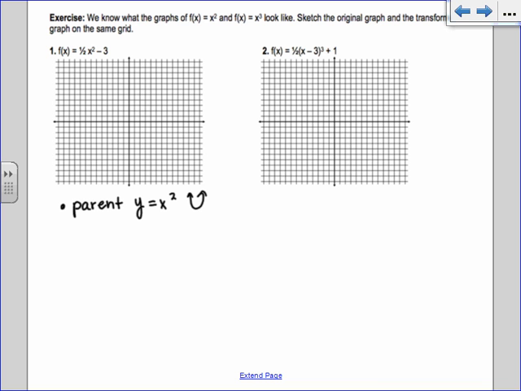Okay, so I'm going to be more of a stickler for this in pre-calc than I was in Algebra 2. So think about it as we're plugging a number in for x, we would square it. And then what would be the next thing we would do if we were plugging a number in? We would multiply by 1/2. That has to be the next step. So if I see 1/2 of x squared, notice that it's not 1/2 in parentheses of x squared.